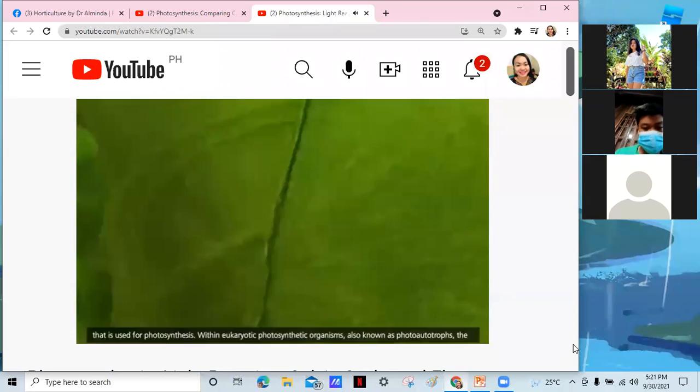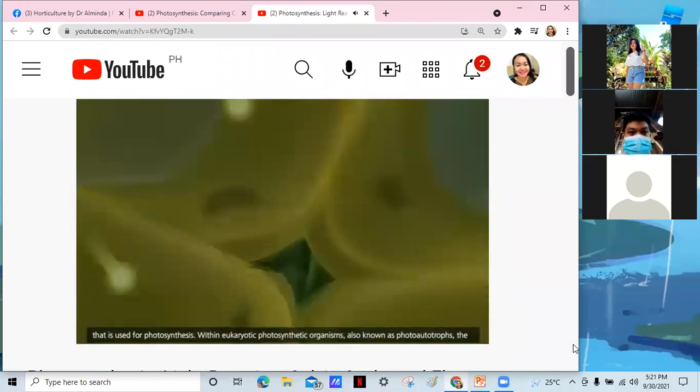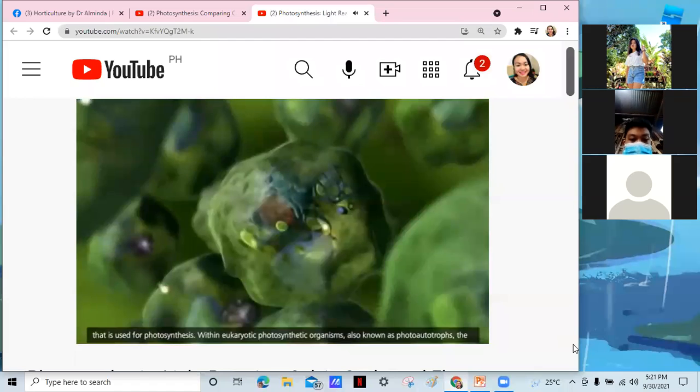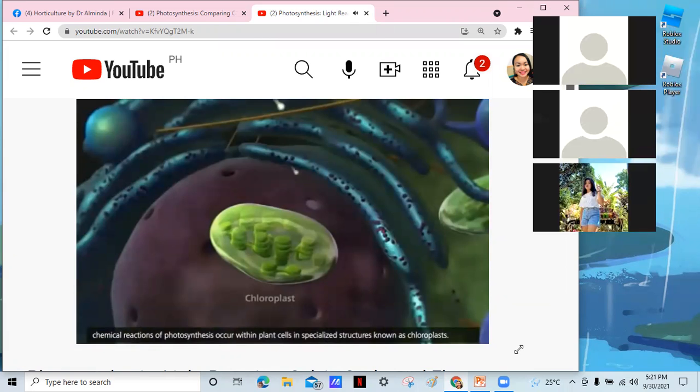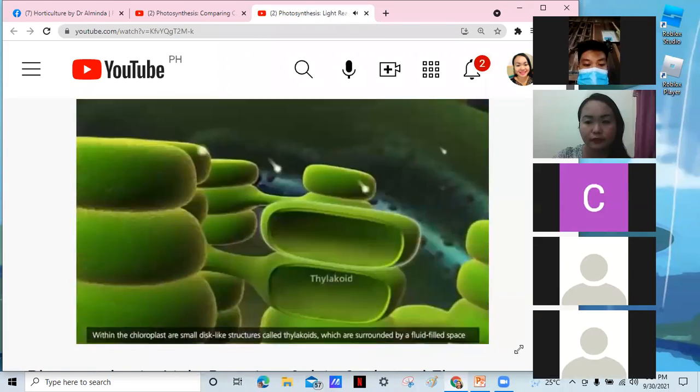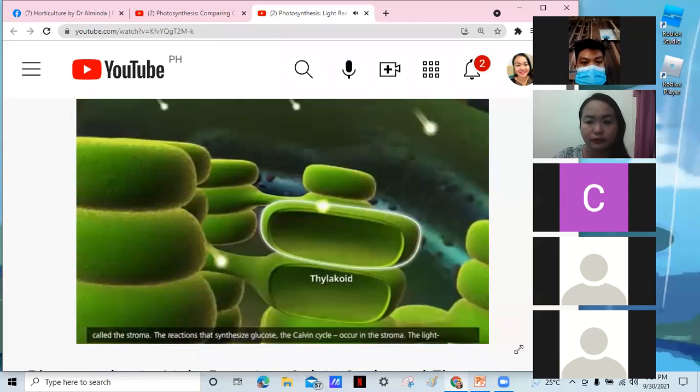Within eukaryotic photosynthetic organisms, also known as photoautotrophs, the chemical reactions of photosynthesis occur within plant cells in specialized structures known as chloroplasts. Photosynthesis consists of two sets of reactions, the light-dependent reactions and the Calvin cycle. Within the chloroplast are small disc-like structures called thylakoids, which are surrounded by a fluid-filled space called the stroma.